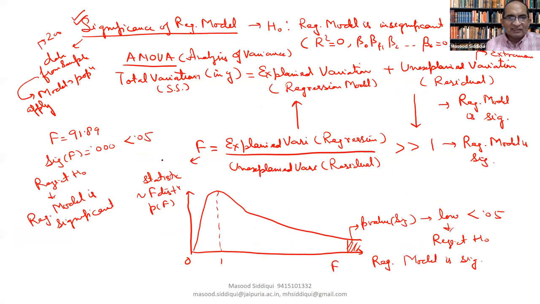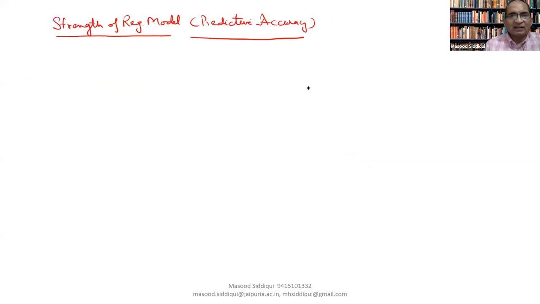So we have discussed this bifurcation of the total variation into these two parts. So here we propose R square. R square is actually known as the coefficient of determination.